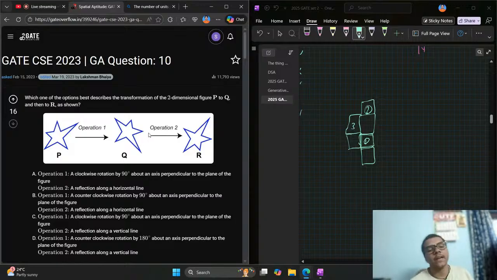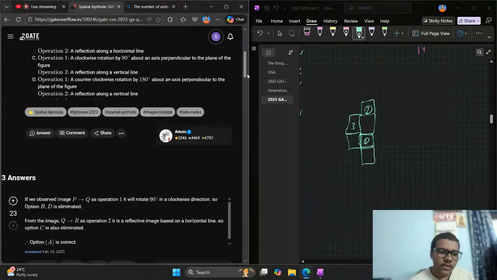They're not looking identical at all, right? So if it is a reflection along the horizontal line, yeah, it is a reflection along the horizontal line. So A should be your answer.